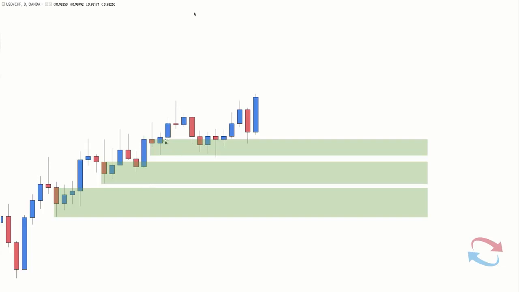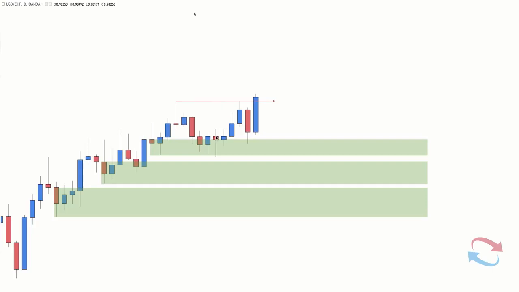But as we saw, prices actually came back down into this demand zone, and then we got this price action around here. Prices probably came just above it, around there, probably right on the nose.